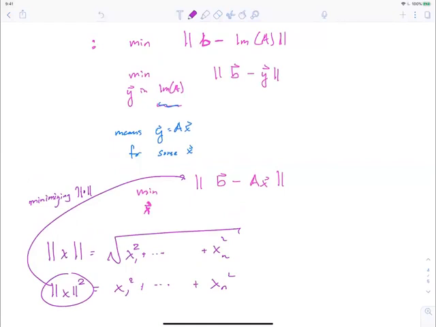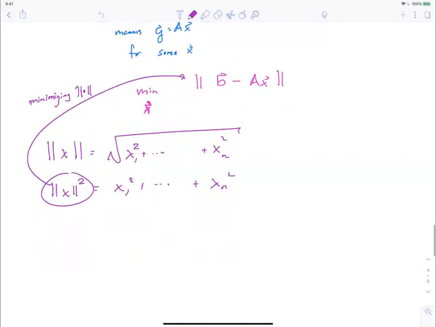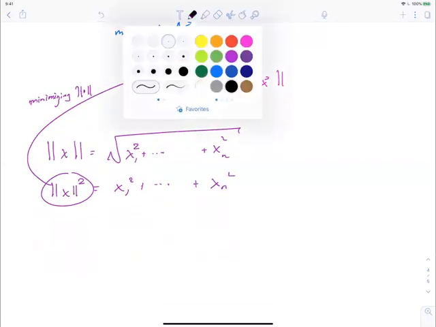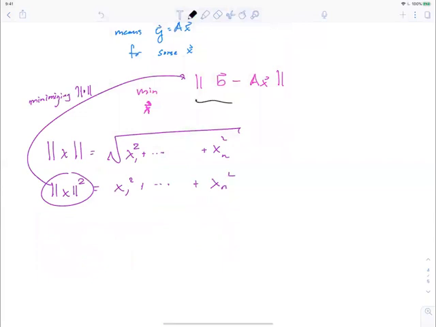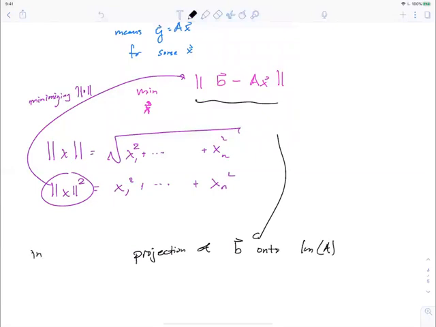All right. So now, intuitively, we know that the best solution to this is going to be the projection of B onto the image of A. That's kind of the intuitive solution.